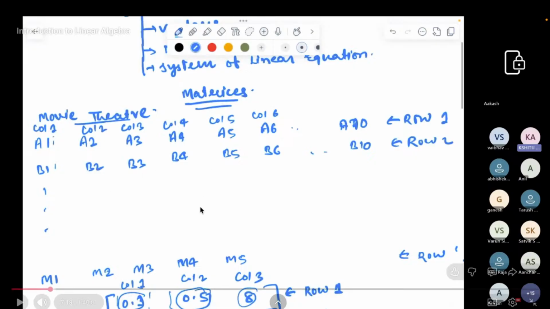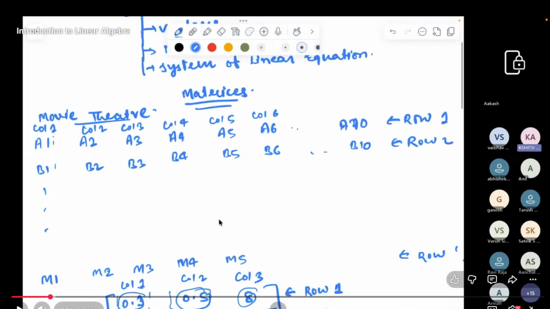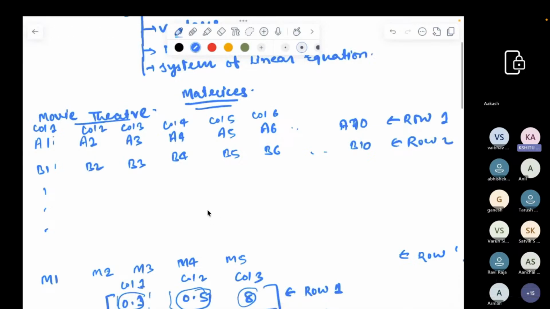If I want to find the particular order of any unit of a matrix, let's say this one, this is in column 1, so 1 cross 3.